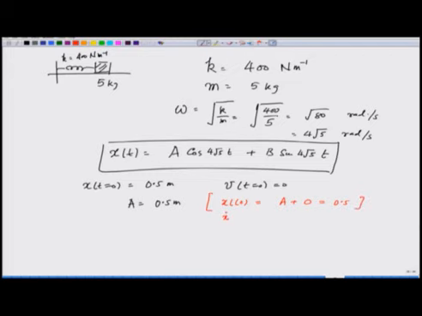And v at t equals 0, that is dx by dt, is equal to minus omega a sine of omega times 0 plus omega b cosine of omega times 0, and this is given to be 0. This term anyway is 0. So b comes out to be 0, and therefore x as a function of time is going to be 0.5 cosine of 4 root 5 t.